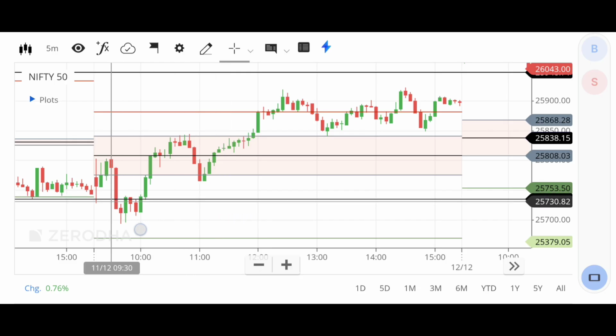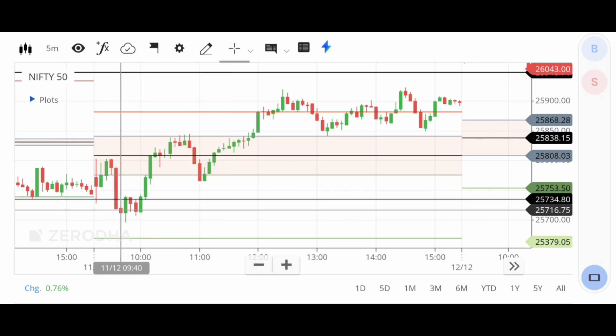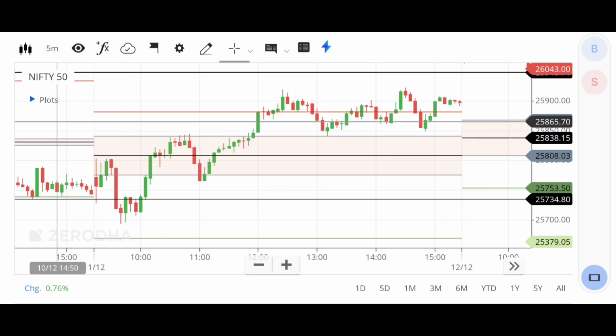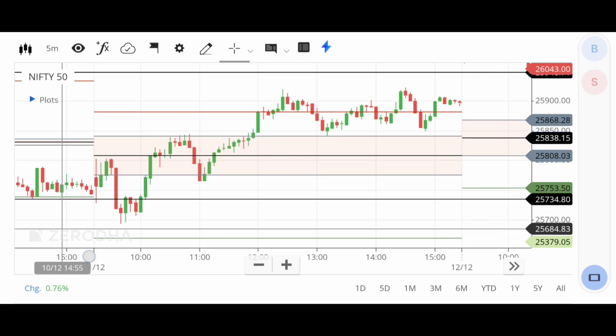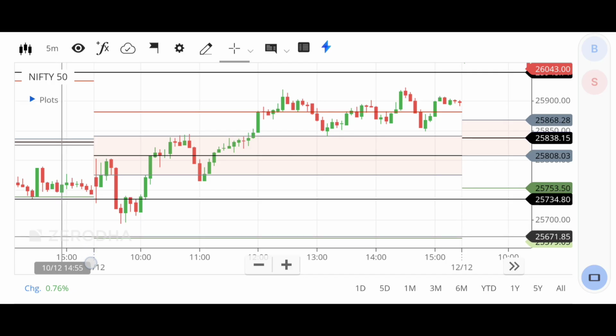But this trade is kind of a very hard one, because it satisfied our condition as well as it has a good risk reward ratio. You see, when you enter the trade at this level, 25,719, you must keep the stop loss above this line and you must take the target at this S1.